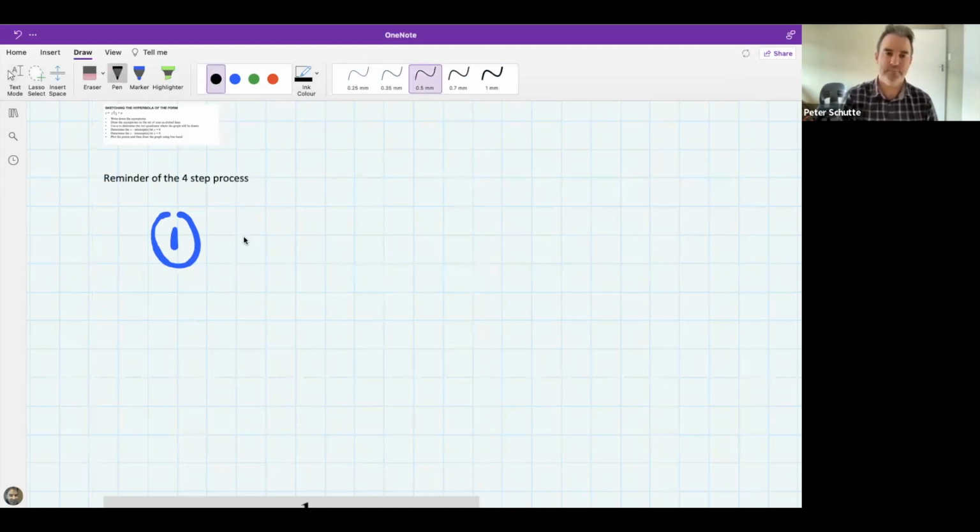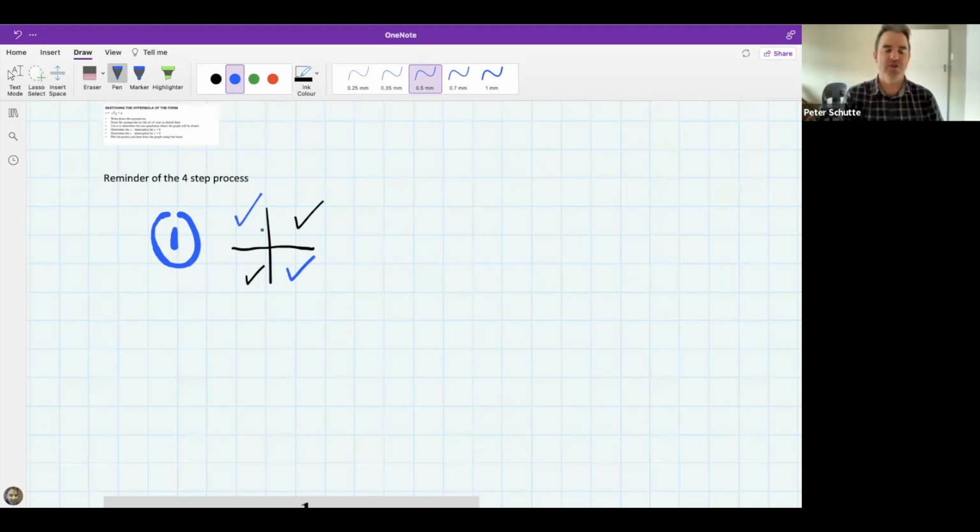Good afternoon, sir. Hello. The first step, we identify the quadrant. Okay, so we decide whether it's going to be in this quadrant, or the second and fourth. Can you remember what makes it go in those quadrants? Can you remember how we know?